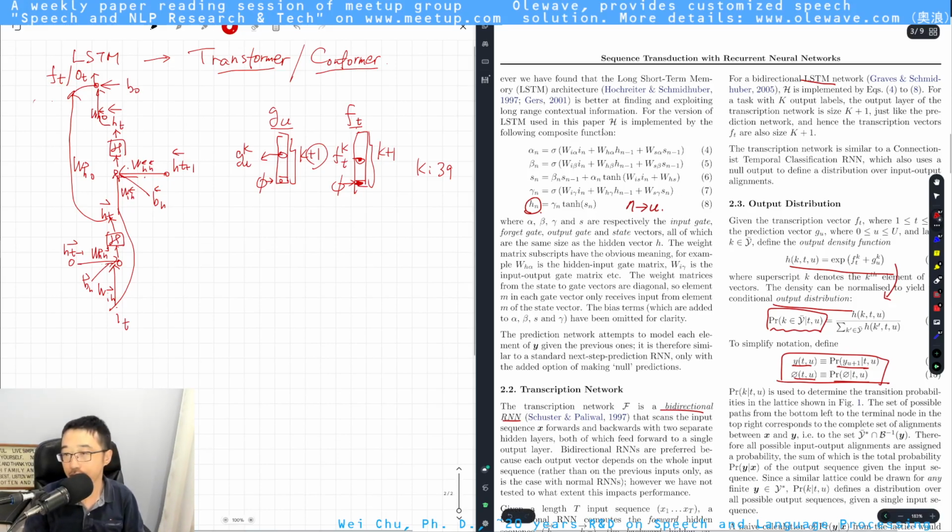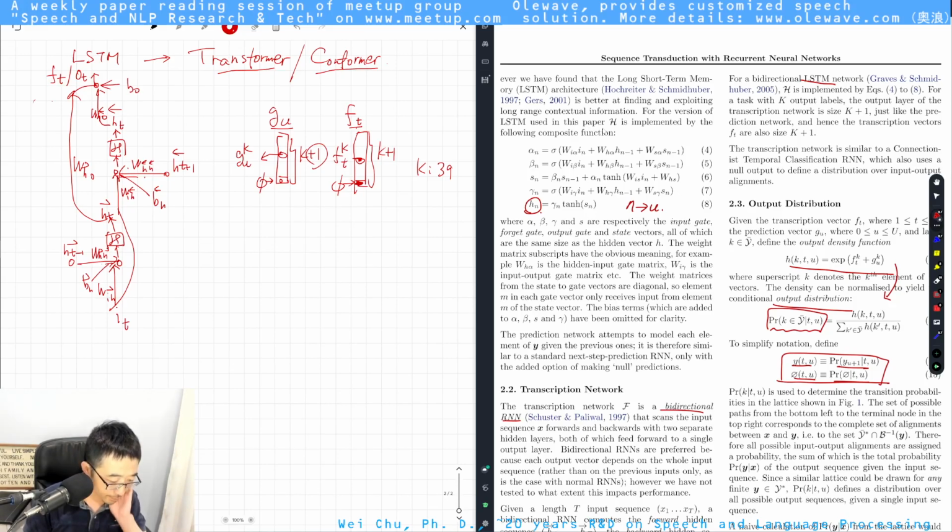And also, you can definitely see that this model is a discriminative model because this is a posterior probability. So you never calculate the conditional probability. You may ask why he wants to calculate this.